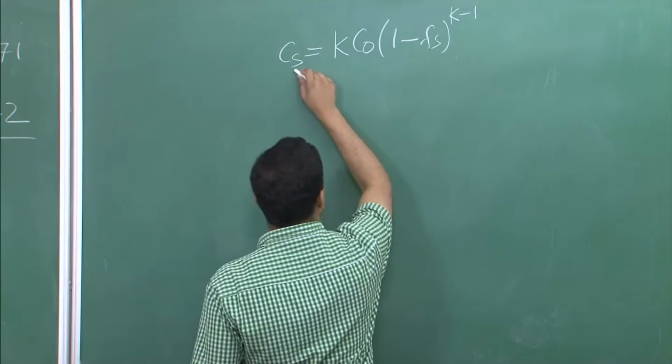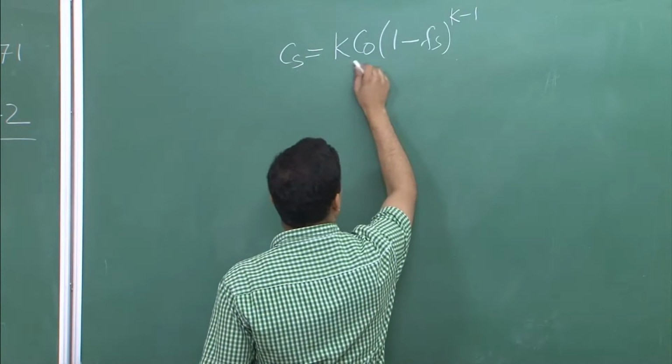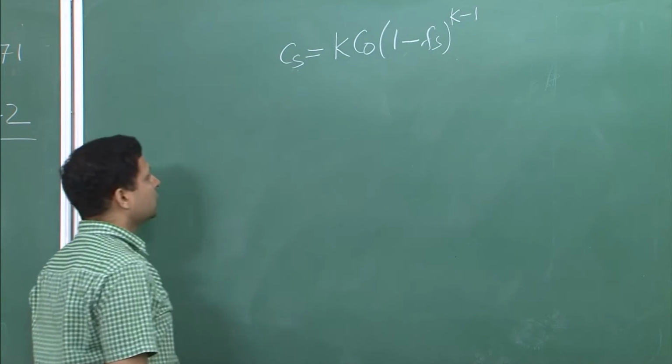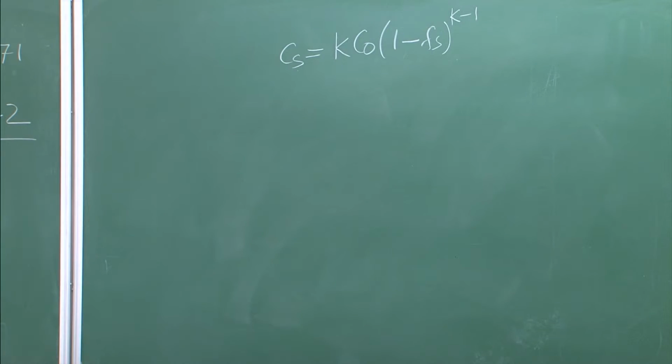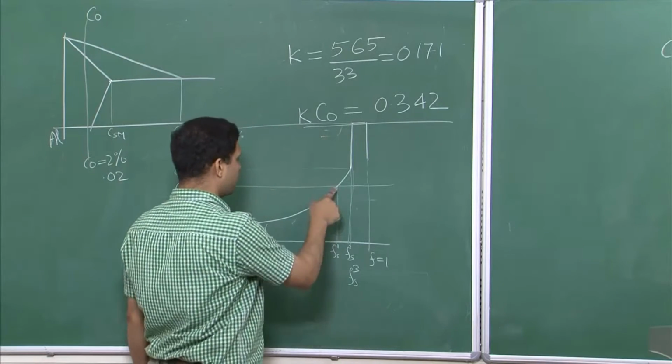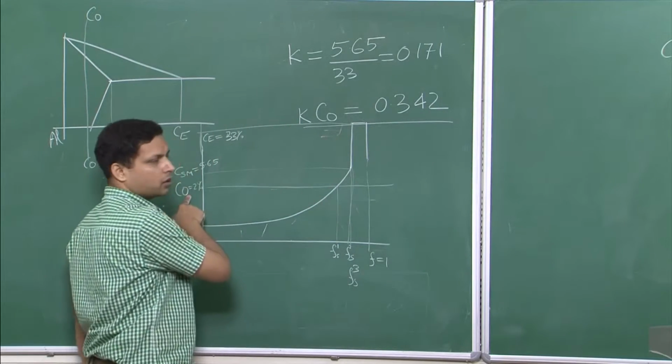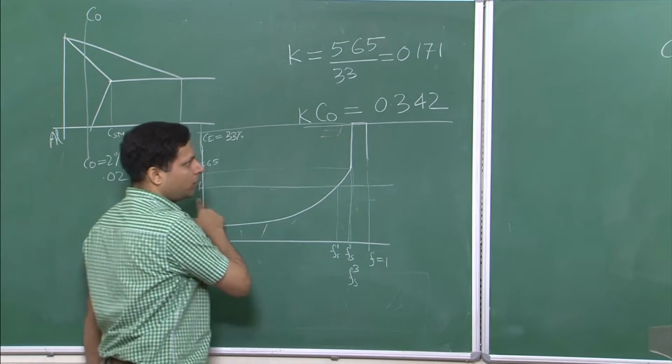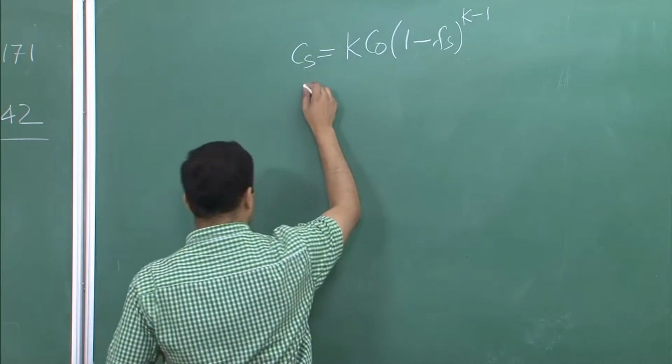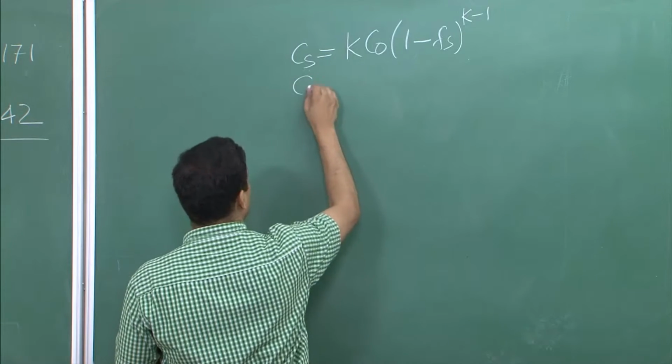We know Cs for that particular Fs and other values are constant. So for Fs1, what is Cs? For Fs1, Cs is equal to C naught. So we will put Cs equal to C naught.